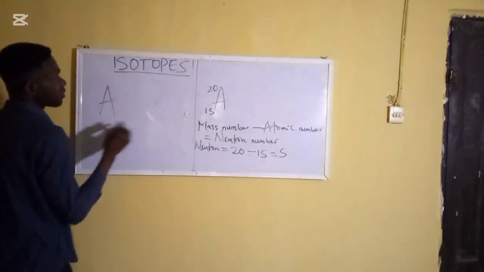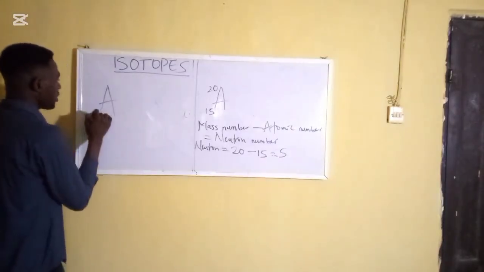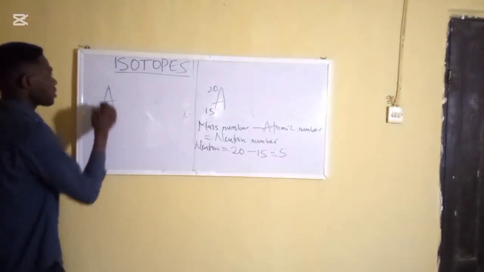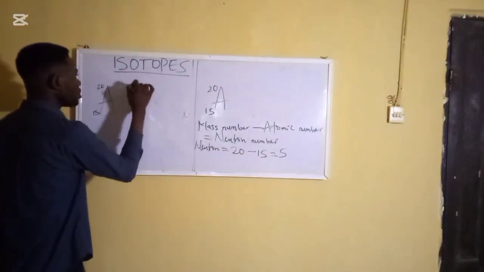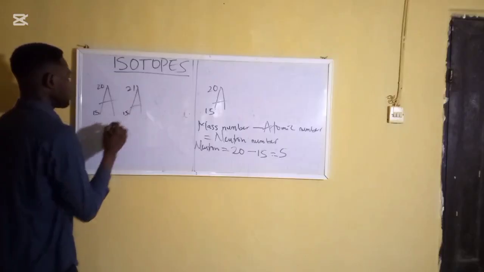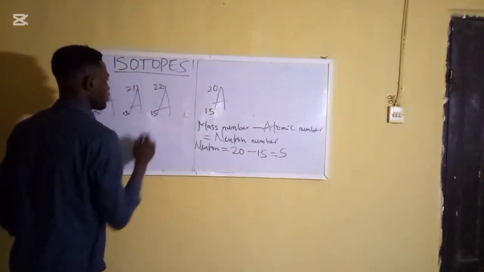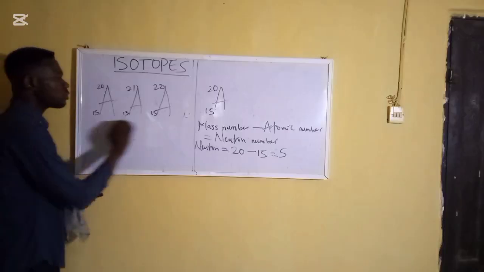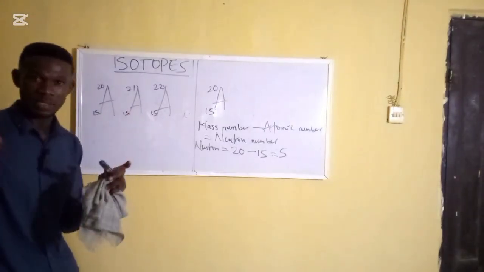Let's still work with A as the element. You can have A with mass number 20 and atomic number 15, and you can have A with mass number 21 and atomic number 15, and A with mass number 22 and atomic number 15. If you look at this, we can refer to these as isotopes of A as an element.